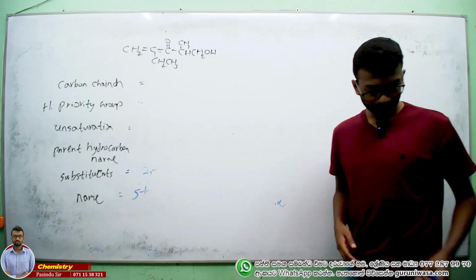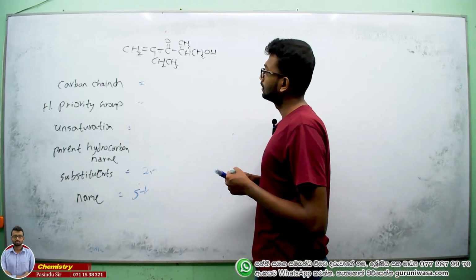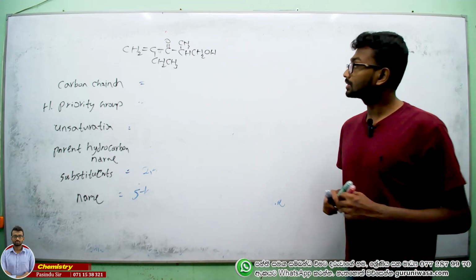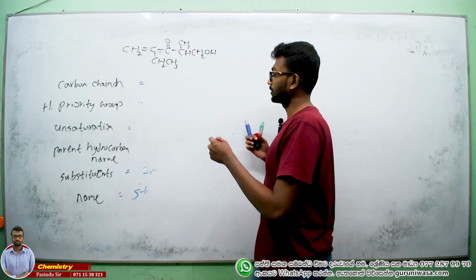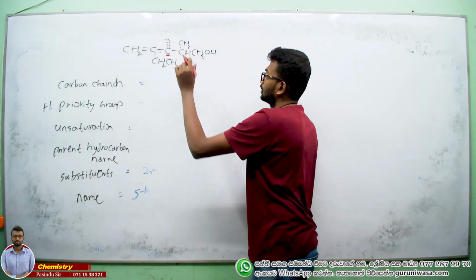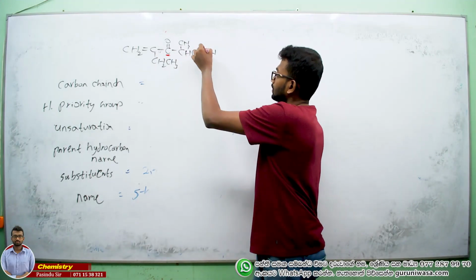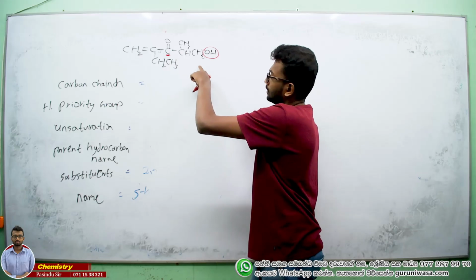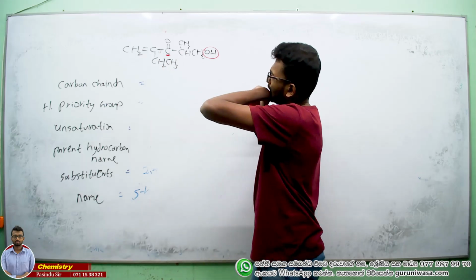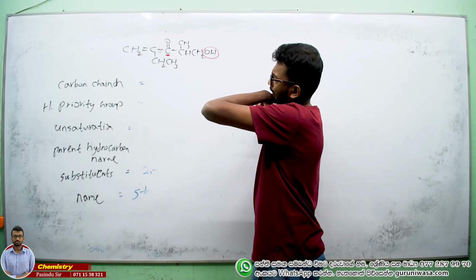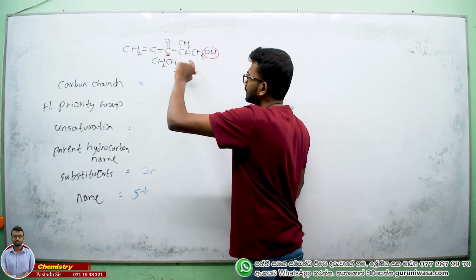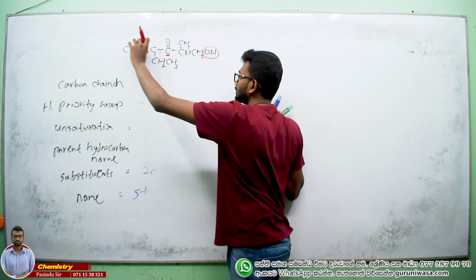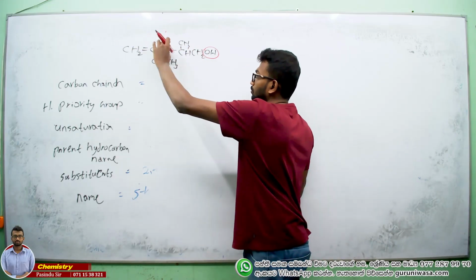So here let's count. The ketone group in the middle is the highest priority group. Then we have the OH group, and if you take the middle, we have to get this chain because we need to catch the whole double bond, right?